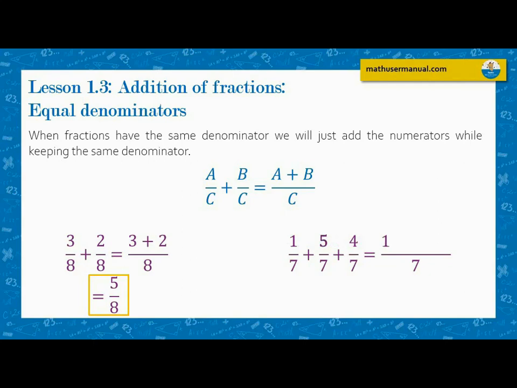So 1 plus 5 plus 4. After that, we just need to add 1 plus 5 plus 4. 1 plus 5 is 6, plus 4 is 10. So the fraction is 10 over 7. So when the denominators are equal, we just copy the denominator once and add the numerators.